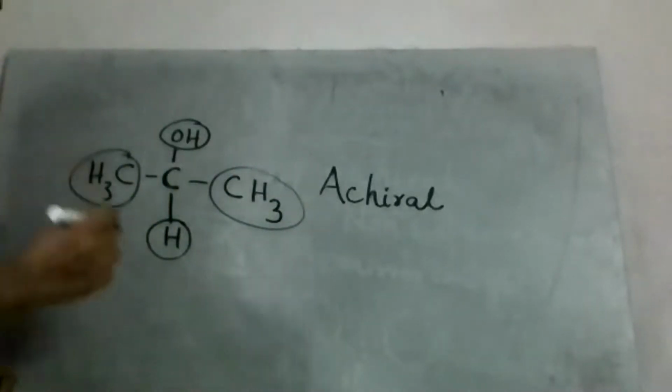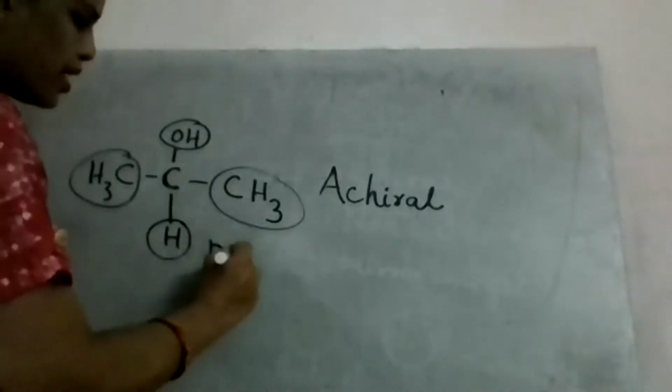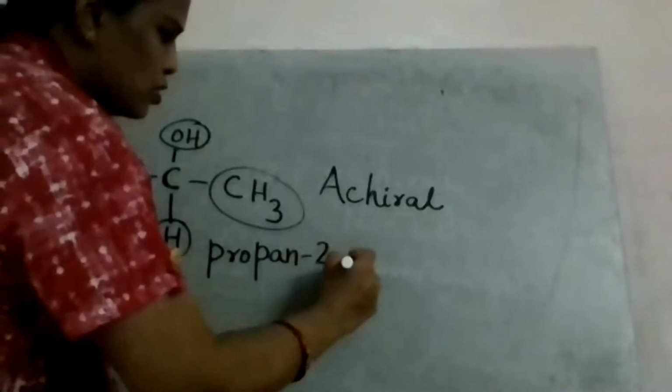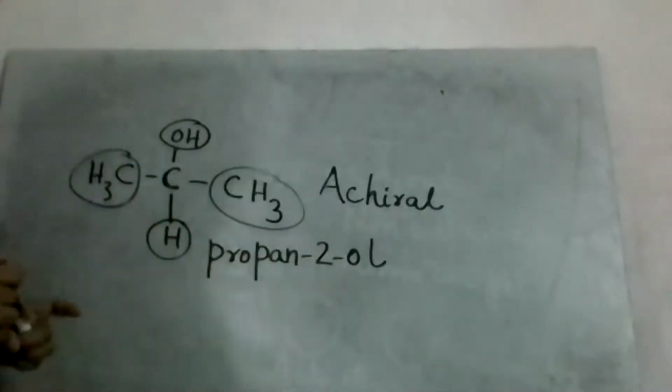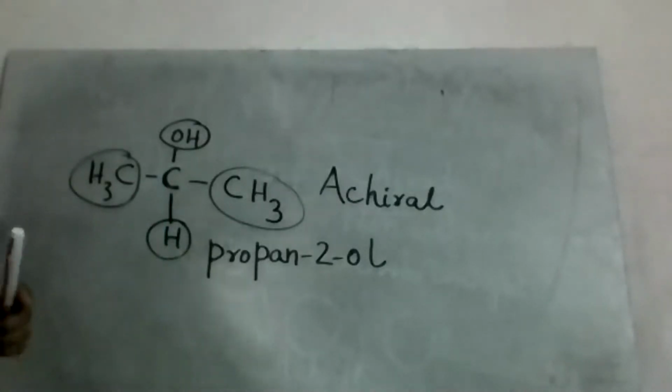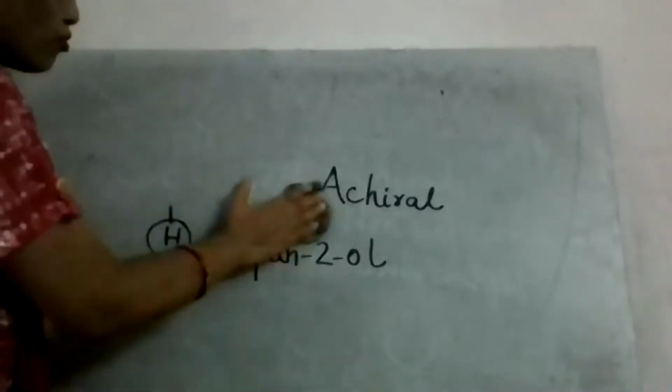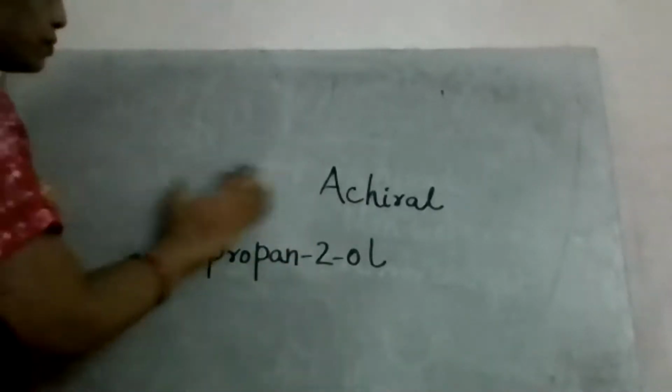I take the second example. This was propane-2-ol. Now, the second example is butane-2-ol. I'm rubbing this out and drawing the structure of butane-2-ol, and I'll show that this molecule is chiral in nature.